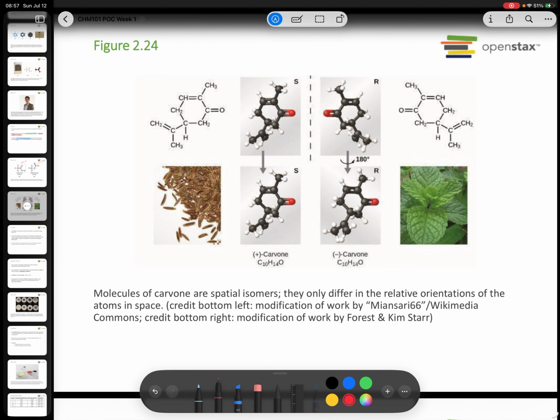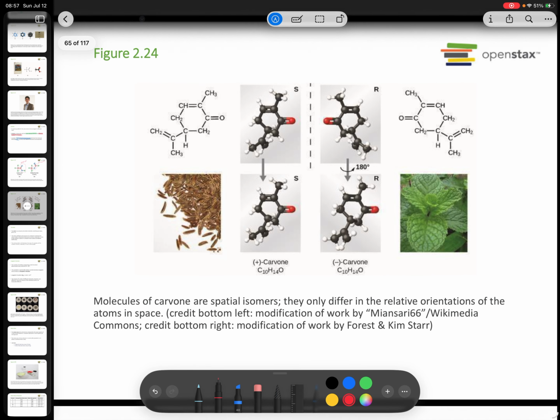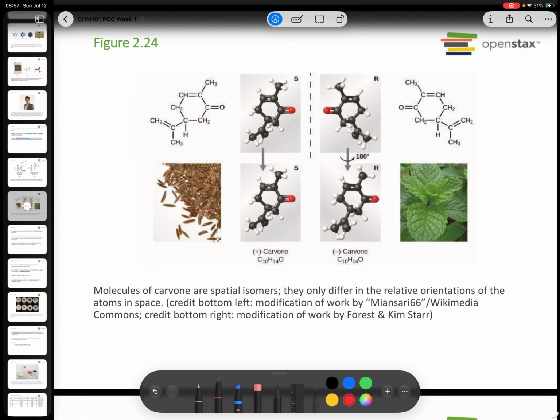So ito, this slide shows naman another type of isomerism. So, tinatawag siya na spatial isomers. Okay? Spatial isomers. Hindi special, no? So, the molecules of carbon differ in the orientation of atoms in space naman, even though the connections are similar.